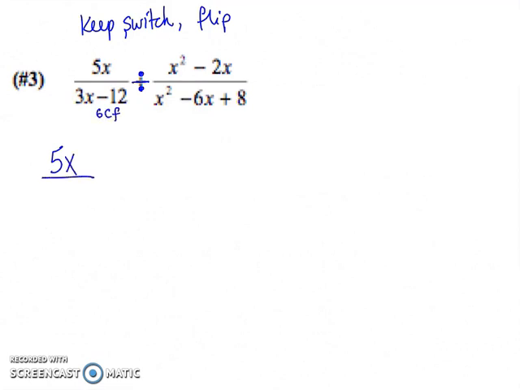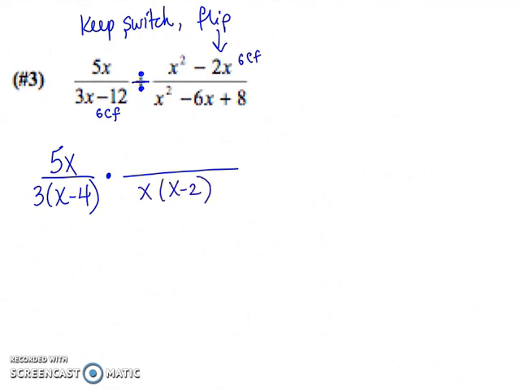This right here has a GCF of 3, so we take that out, and then we have a factor of x minus 4. I'm going to change my sign to times, and then I am going to flip this expression over. So the x squared minus 2x, again, that's just a GCF, but that's now going to go on the bottom. So I'm going to factor out an x, and then I'll have x minus 2.